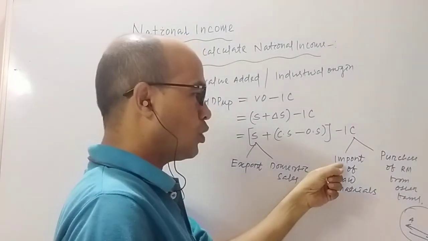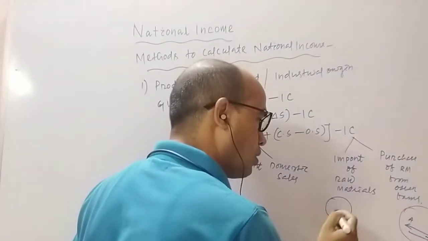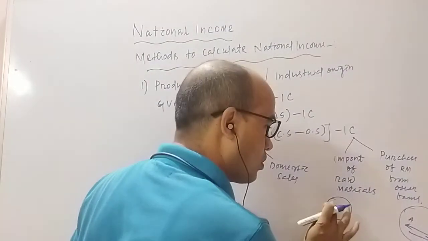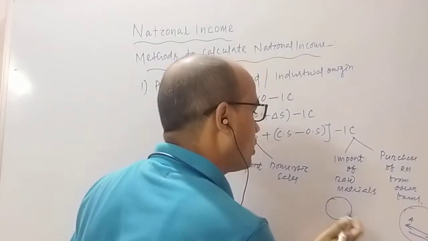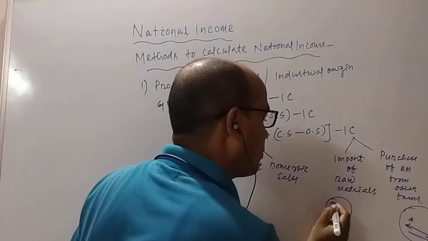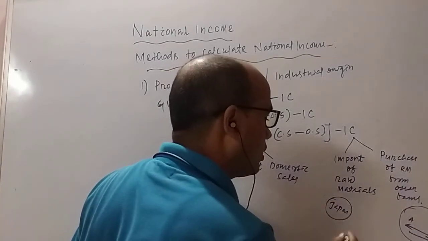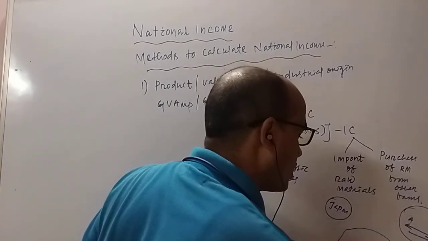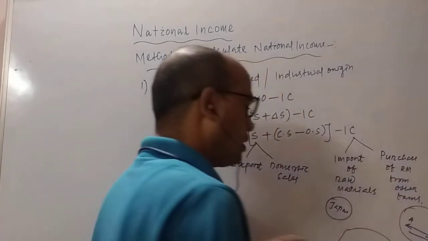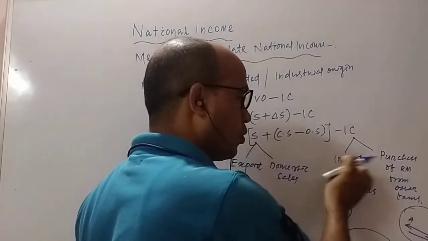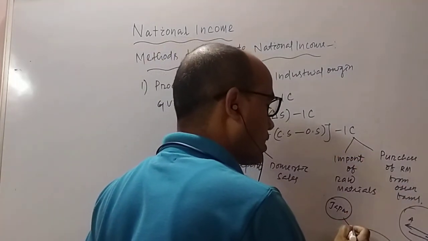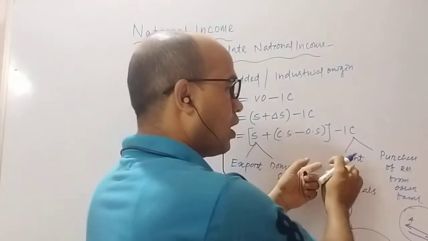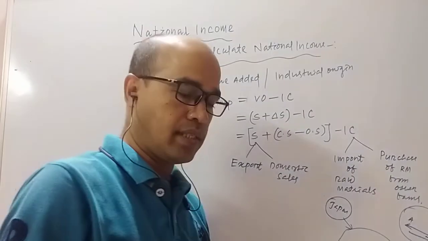If you come to import of raw material, suppose our country is India and another country is Japan. If India imports a product, we say India purchases from Japan. So you add both, then you can find your IC.